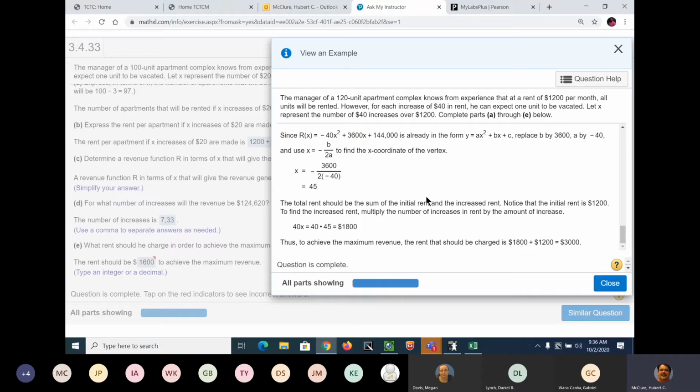I still don't know where they got that. Okay, because my vertex x is negative b over 2a. My x on my vertex, oh, I'm sorry, is 20. So multiply 20 times, they're multiplying 20, in my case, 20 times 20.